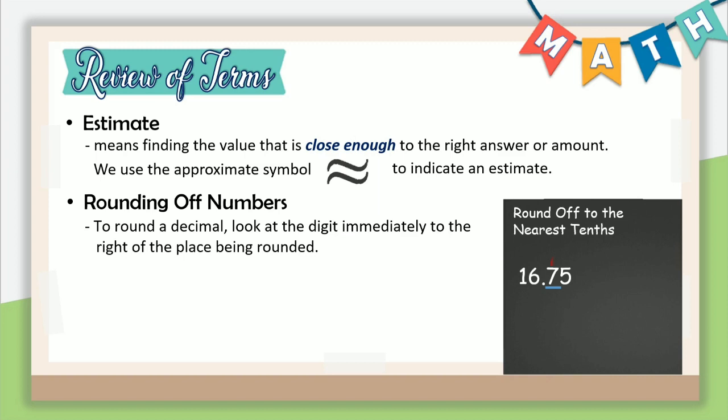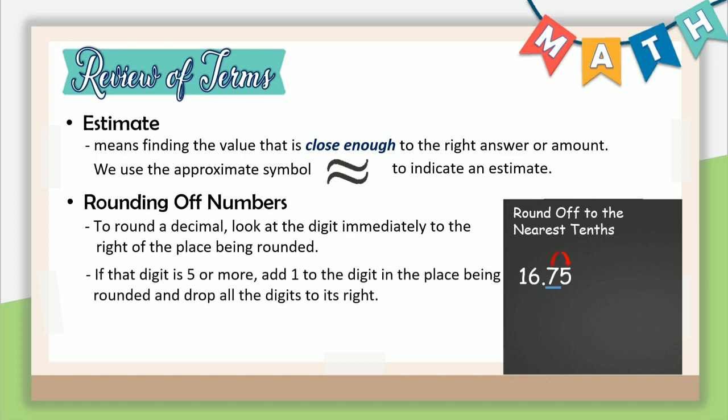So we will look sa right ni 7, which is 5. If that digit is 5 or more, add 1 to the digit in the place being rounded and drop all the digits to its right. So therefore, 16 and 75 hundredths rounded off to the nearest tenths is 16 and 8 tenths.